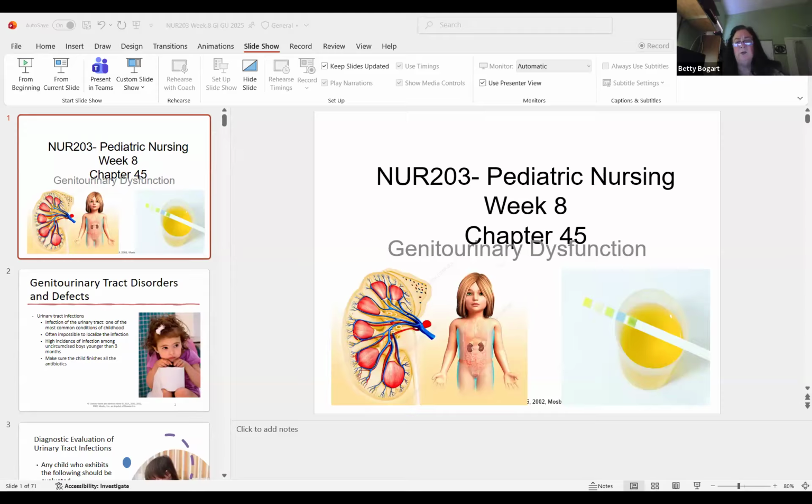So, some of the defects that we see with children. In a boy, if they're circumcised, there are a couple of things that can happen. Sometimes it gets so tight you can't pull the skin down, and that is called phimosis. Another time, you pull it down and it gets stuck because you're cleaning the smegma that's collected in there.